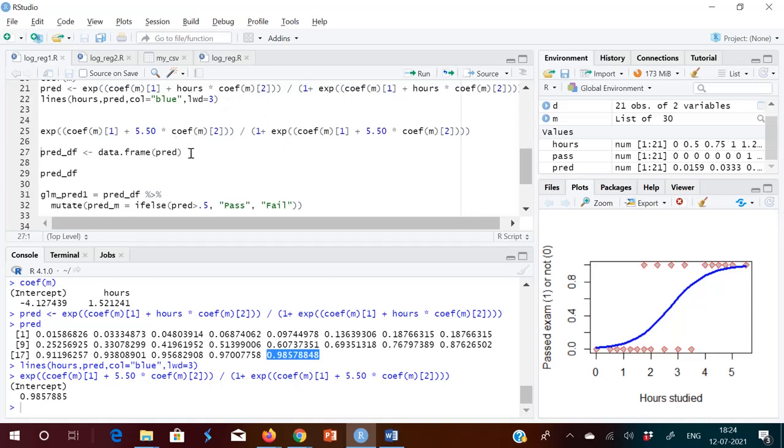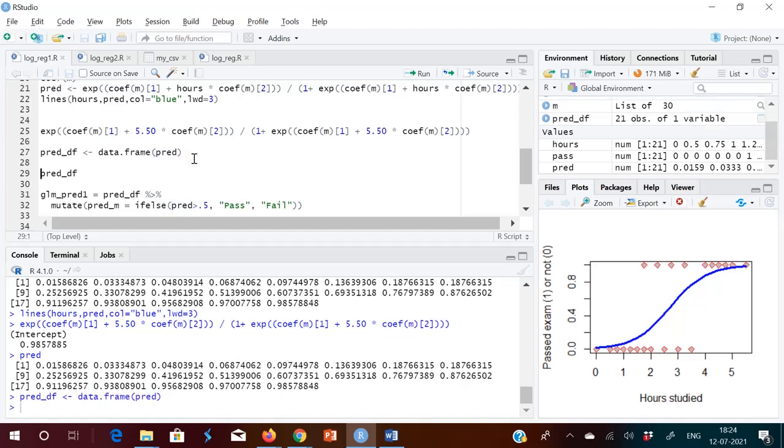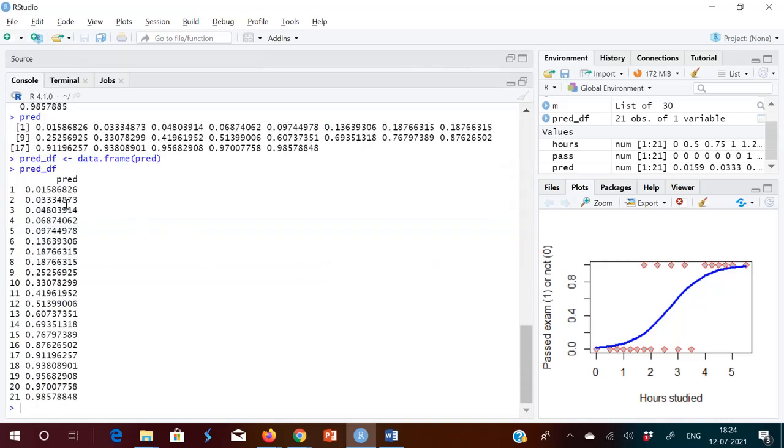Now I will show you how the prediction actually works. What is PRED? PRED is having some p values, so I'm going to make a data frame from that. This is the command for that. Now you can see what is in the data frame. It has become a data frame.